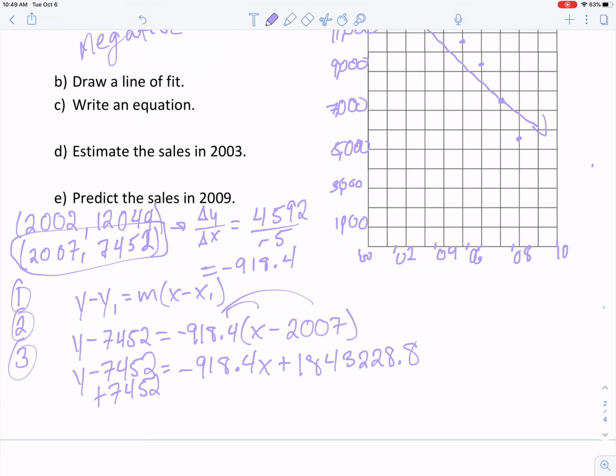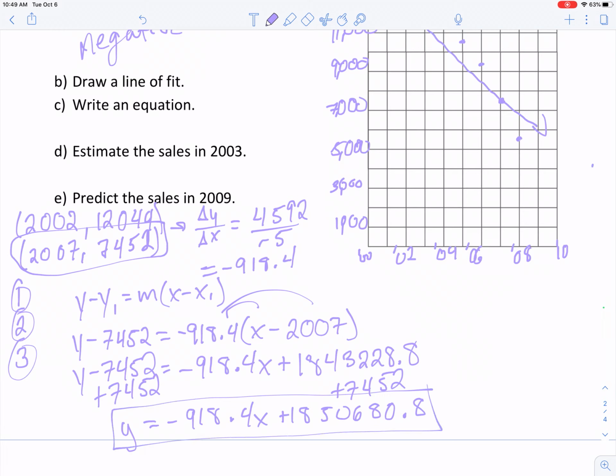And so if I'm trying to get y by itself, I can go ahead and just add 7452 to both sides. My final equation is y equals negative 918.4x plus 1,850,680.8. Quite the equation, huh?